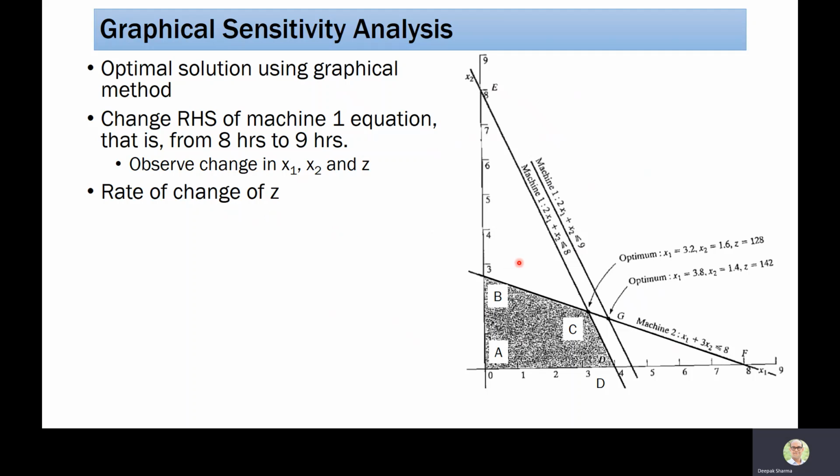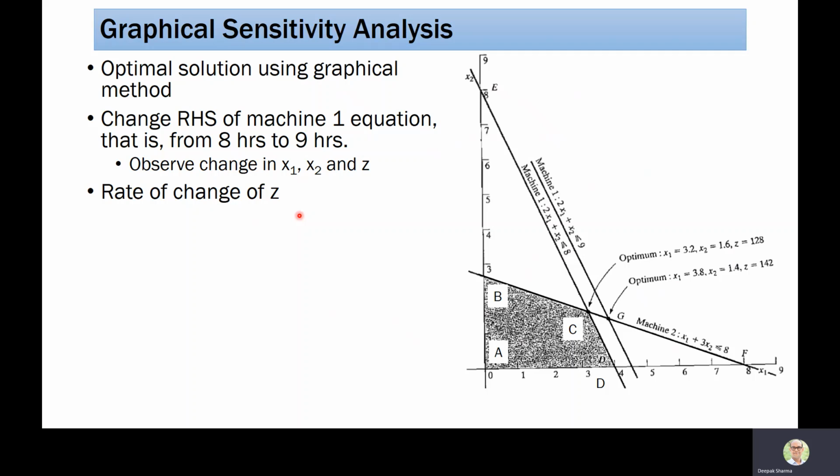Let us see these two equations. When we change from 8 to 9, the optimal solution was C earlier, and the new optimal solution becomes G. So when I change the right hand side, X1, X2 and Z are all changing.